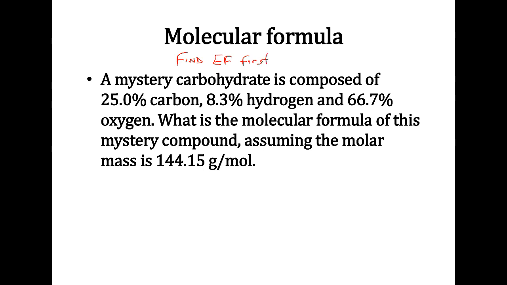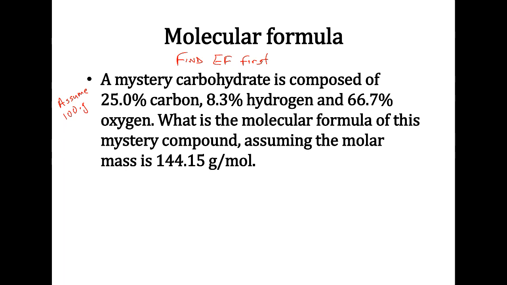Okay, so if we're going to find the empirical formula, remember our saying, percent to mass, mass to moles, divide by small, multiply till whole. Okay, so the easiest thing to do is to make an assumption since you're given percents instead of masses. Let's assume you have 100 grams.